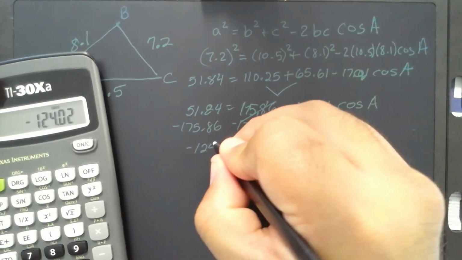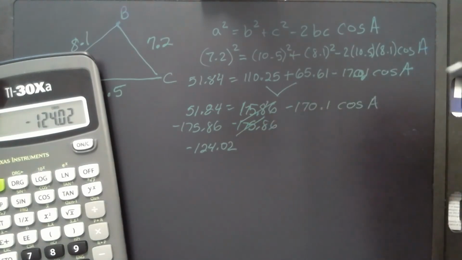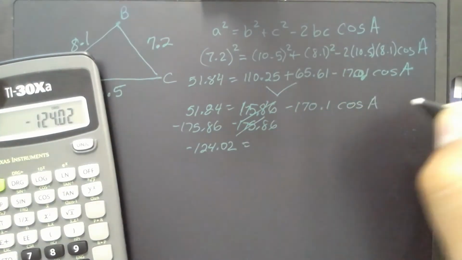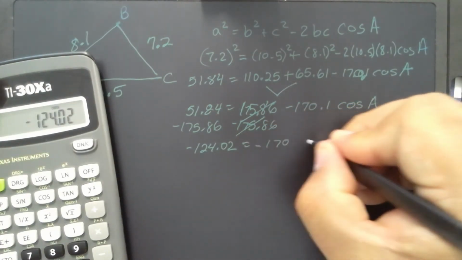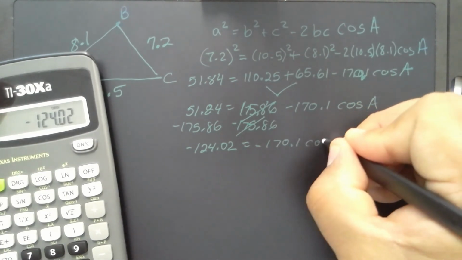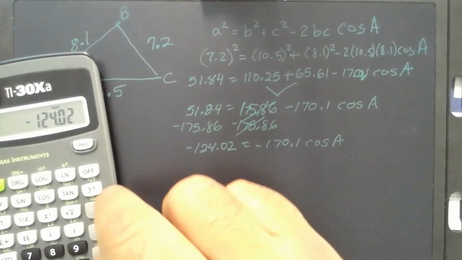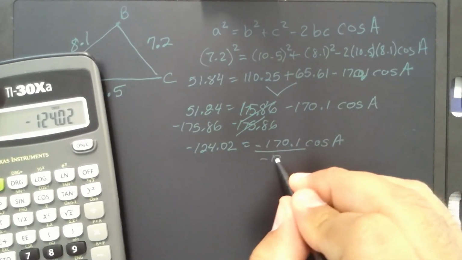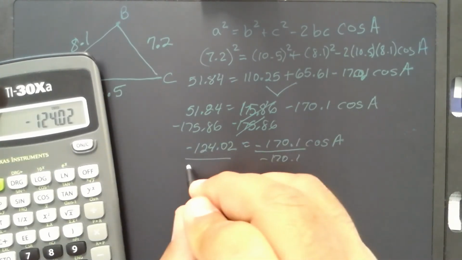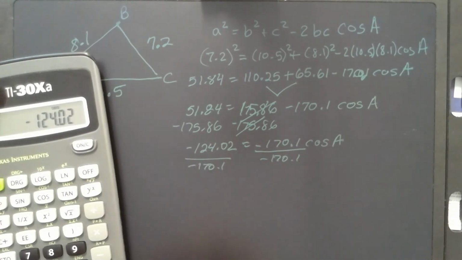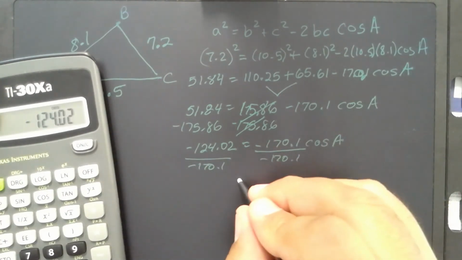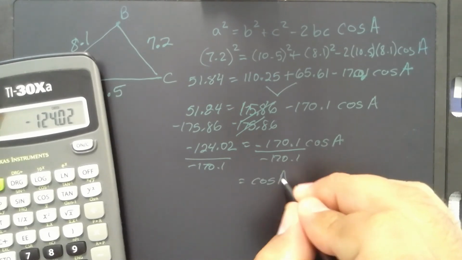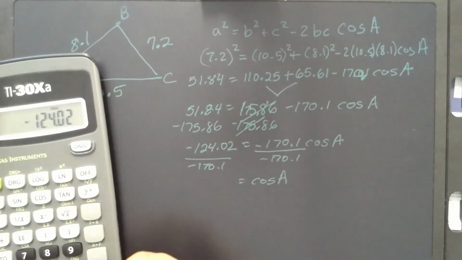Negative 124.02 is equal to negative 170.1 cosine A. So we're going to divide by negative 170.1.